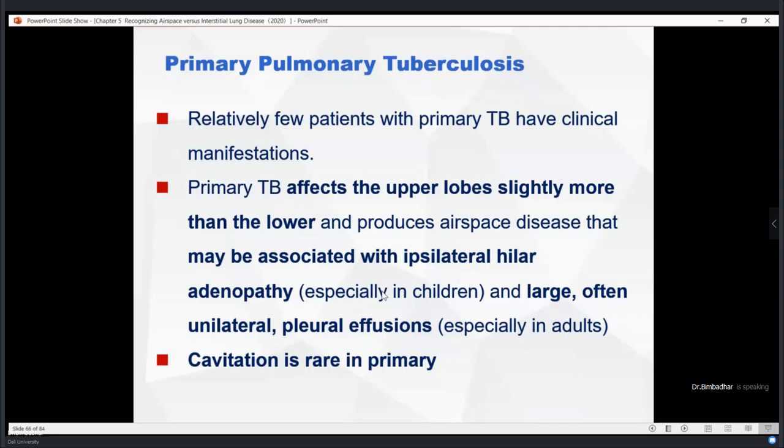Relatively few patients with primary tuberculosis have clinical manifestations. Now, somebody tell me what is the clinical presentation or the clinical symptoms of pulmonary tuberculosis?